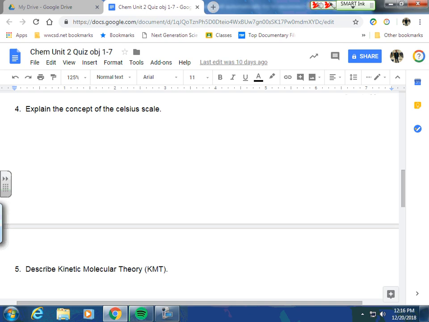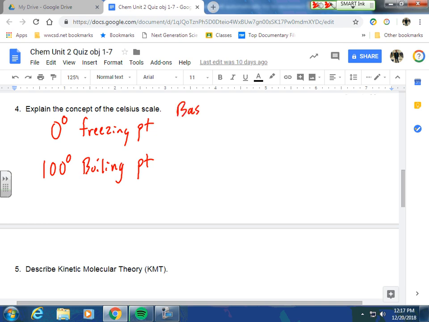Okay, so the Celsius scale. People were able to say a lot about it, like it's based on 0 degrees being the freezing point and 100 degrees being the boiling point. Well, part of it. Some people even mentioned that when it was first developed, those were backwards. But you really got to make sure that you know that this is based on the properties of a certain substance: water.